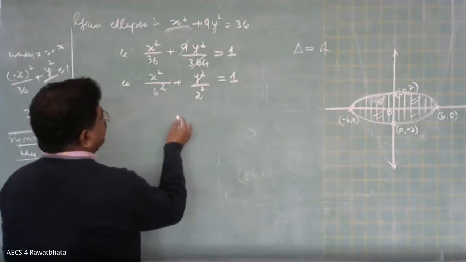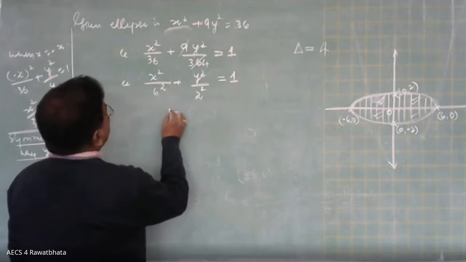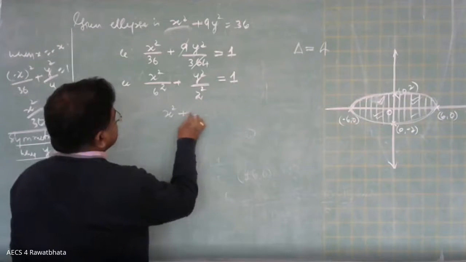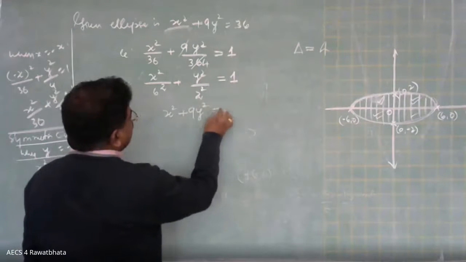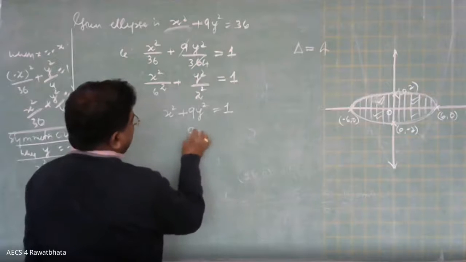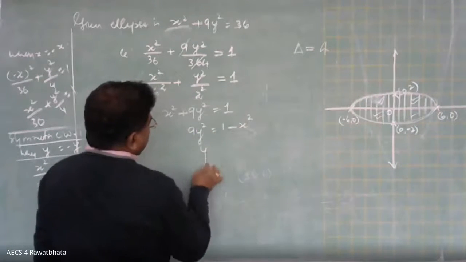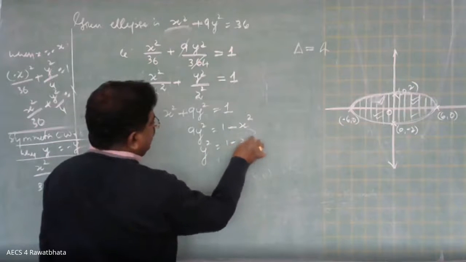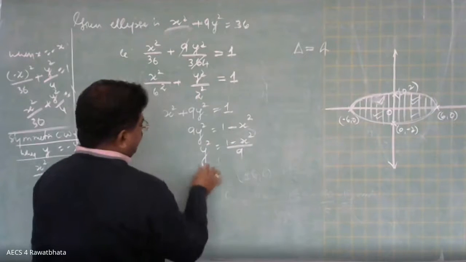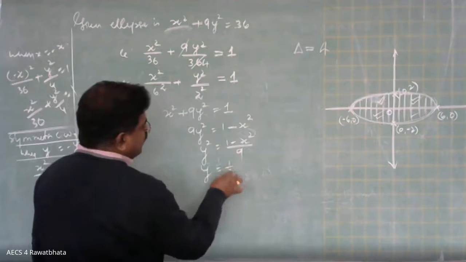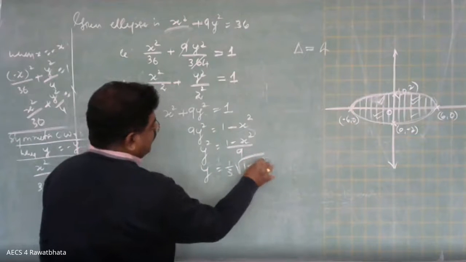Now, here x squared plus 9y squared is 1. So 9y squared is 1 minus x squared. The y squared is 1 minus x squared whole upon 9. Y is 1 by 3 root of 1 minus x squared.